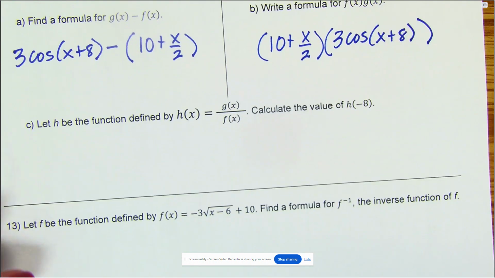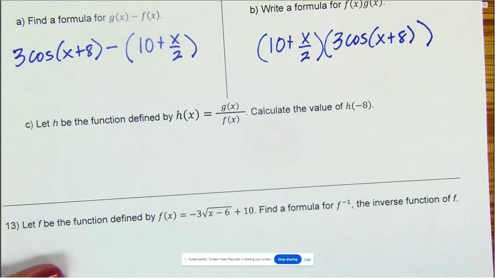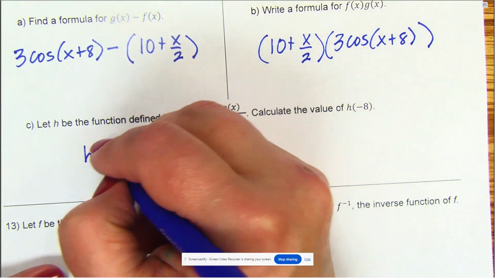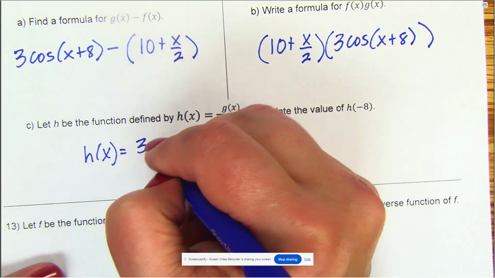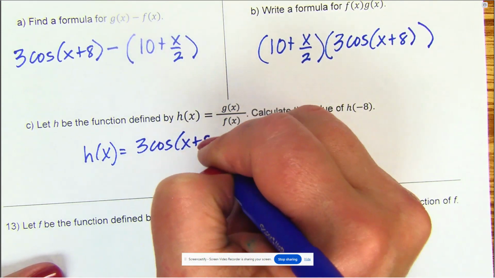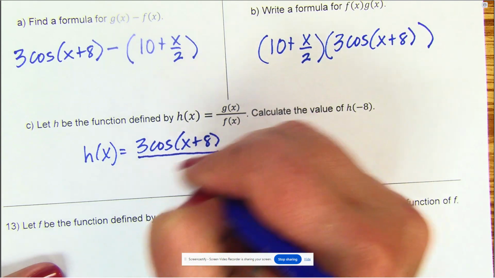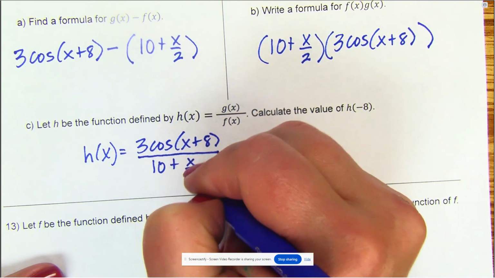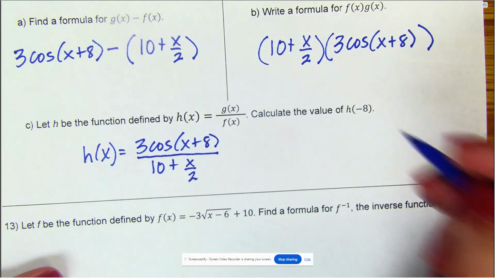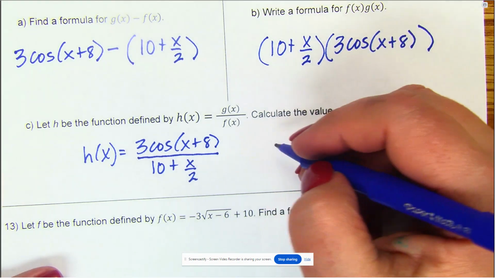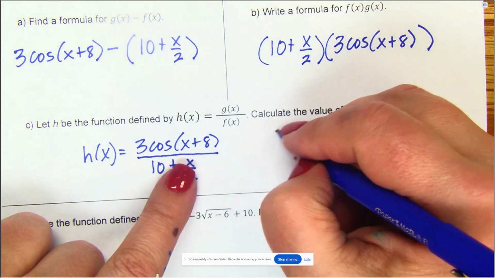Okay, and then it says let h be defined by the function h of x is g of x divided by f of x. So h of x is g of x divided by f of x, and then it says calculate h of -8. So wherever I see an x, I'm going to put a -8.